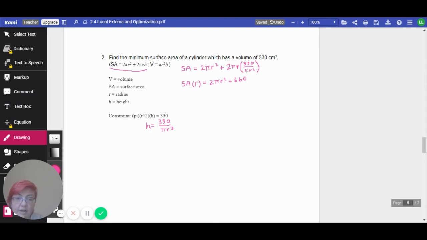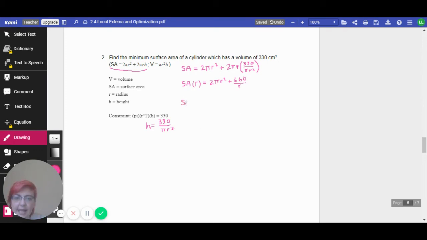Pi divided by pi crosses out, and r divided by r squared leaves us with just r on bottom. There we go. Let's differentiate.